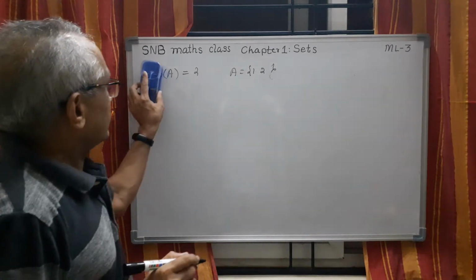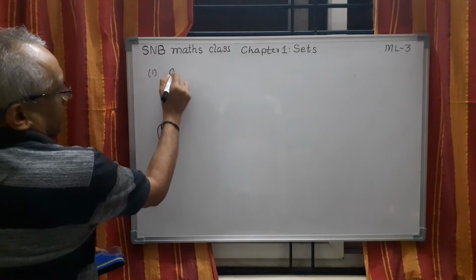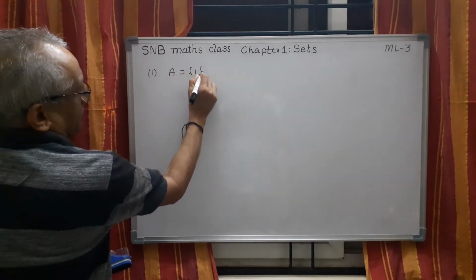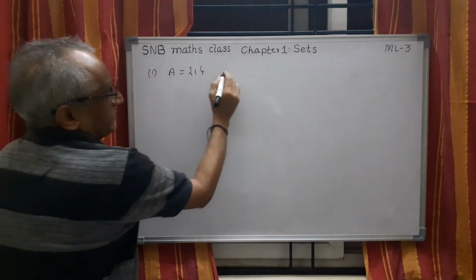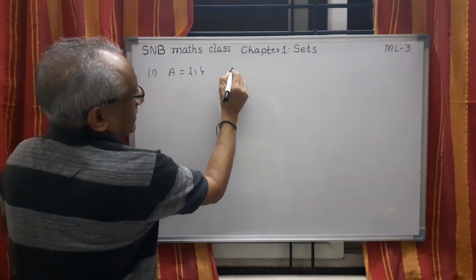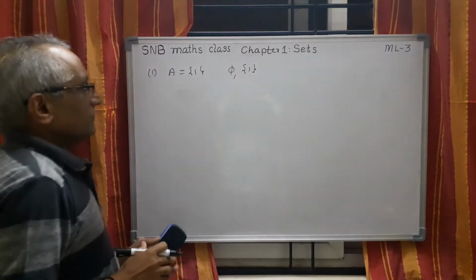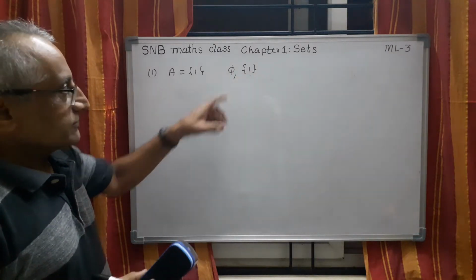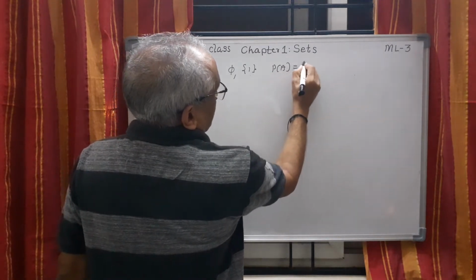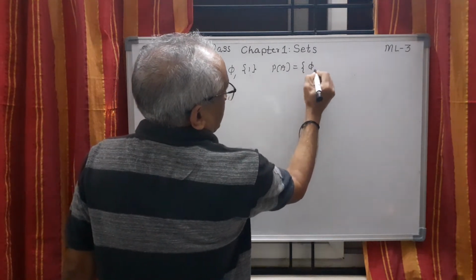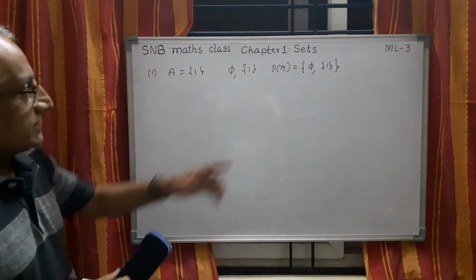Now let us take the first case, A equal to {1}. Now the subsets of A are phi and {1}. Therefore power set A must be equal to {phi, {1}}. So this is the power set.